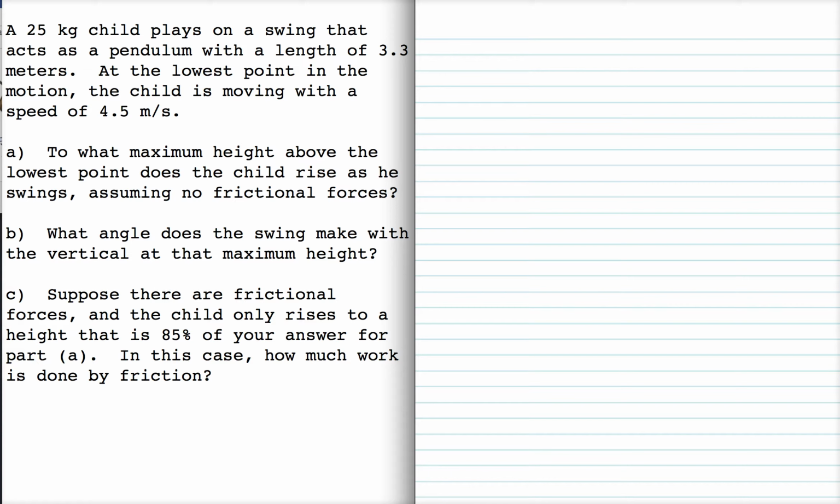So let's start with a picture of the pendulum. So here's the pendulum at its lowest point. And at that lowest point, the child is moving with a speed of 4.5 meters per second. And the pendulum has a length of 3.3 meters.